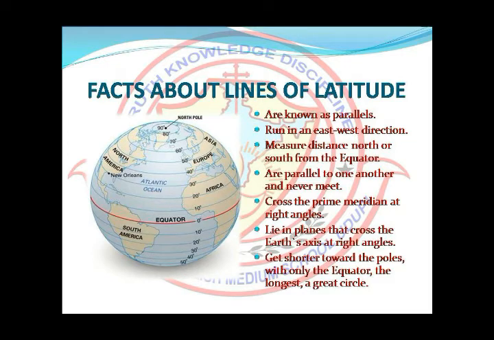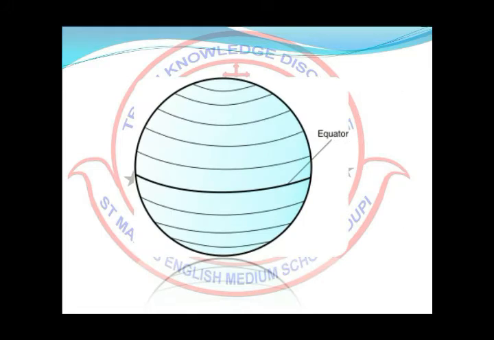These lines are numbered, okay? The equator is marked as 0-degree latitude, the largest circle that can be drawn, and the North Pole is marked 90 degrees and the South Pole is marked 90 degrees.